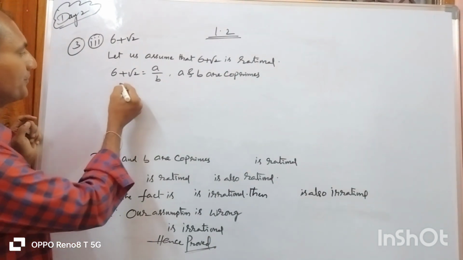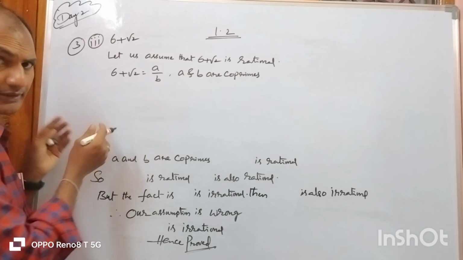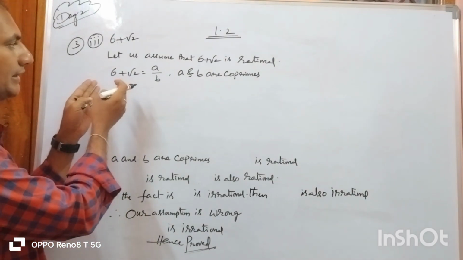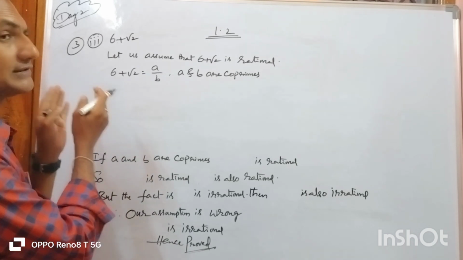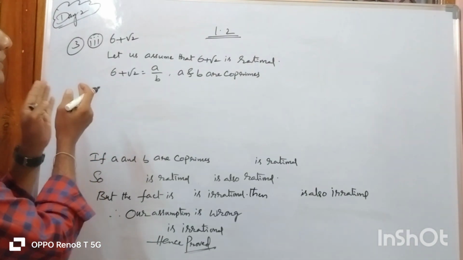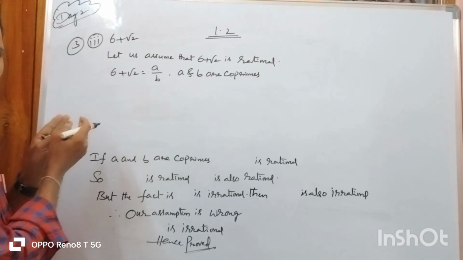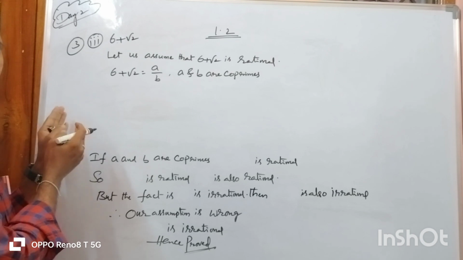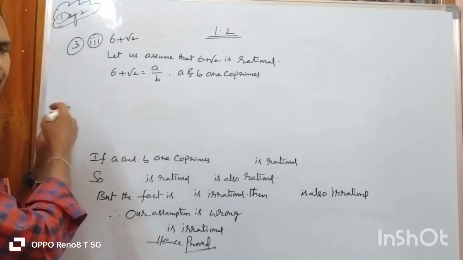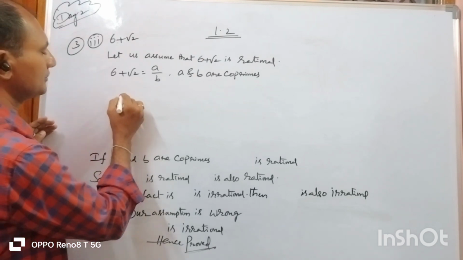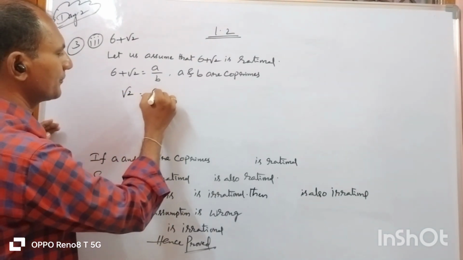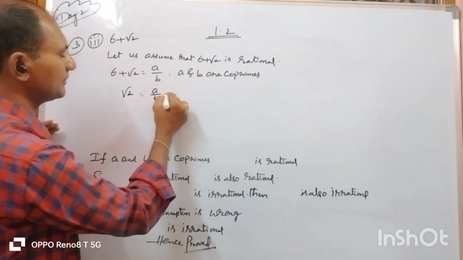For these types of questions, keep whichever term has the root on the left side, and send the remaining terms to the right side. So root 2 equals a by b minus 6.